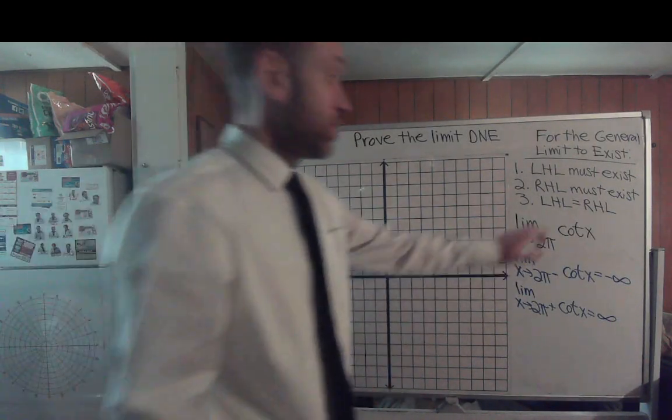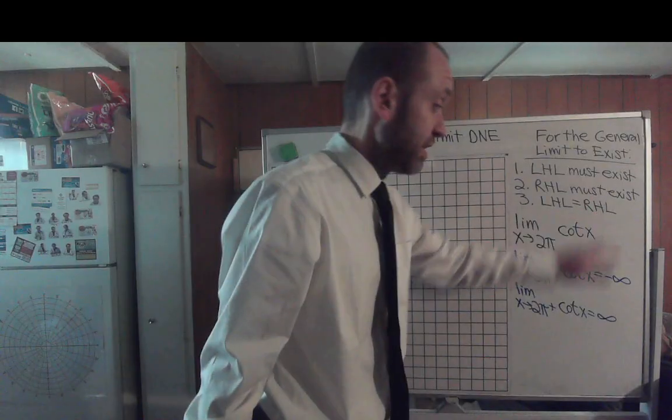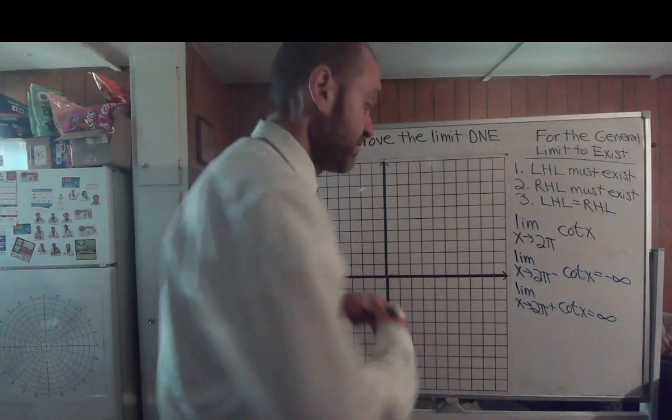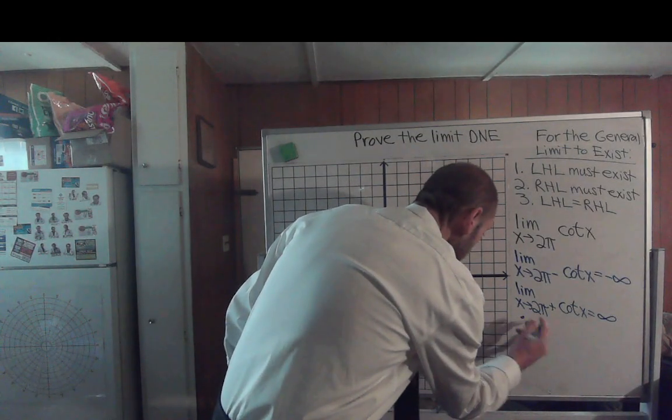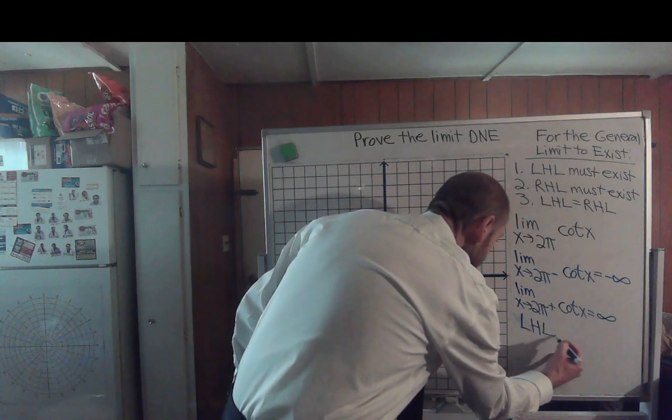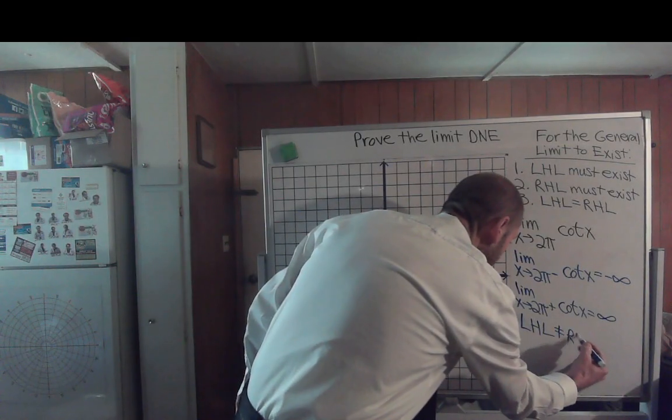Well, we can show that the left-handed limit does not equal the right-handed limit because negative infinity does not equal positive infinity. So we're going to say the left-handed limit does not equal the right-handed limit.